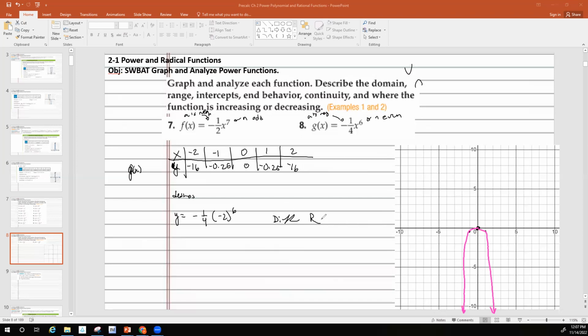But the range, the y values, the lowest point is negative infinity, but the highest point that it goes to is 0. And the intercepts are x equals 0, y equals 0. Continuity is continuous.